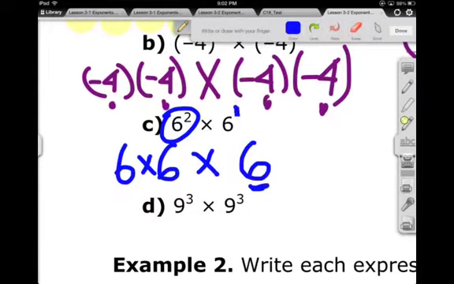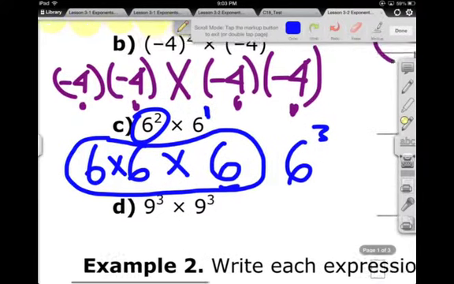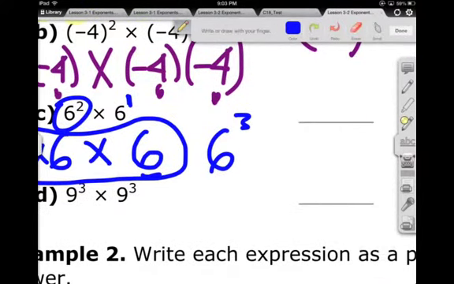There's just one of them there. The only thing you can't put to the first exponent, okay, is a 0. And I'll explain why later. For now, in this example, we can see that we've got 6 to the third power.